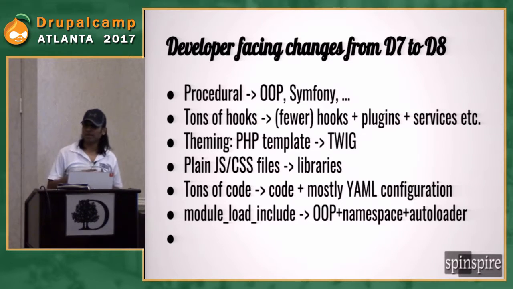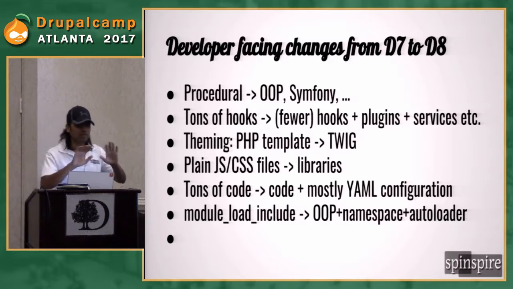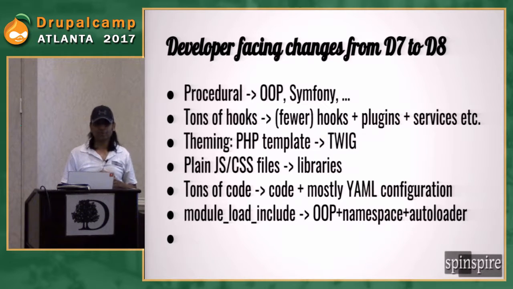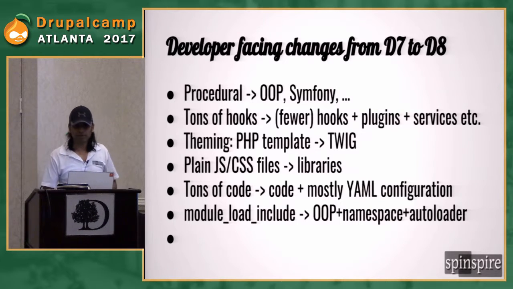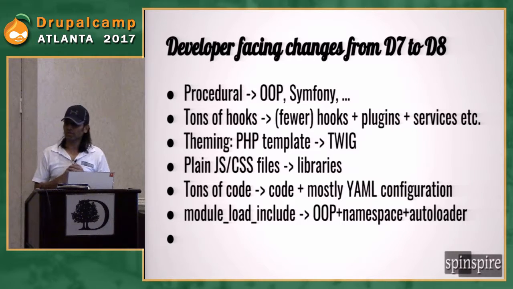So what are plugins and services? Hooks, I'm assuming you already know, right? Hook underscore foobar: you replace the word hook with the machine name of a module, underscore foobar remains whatever it was, and the argument list remains whatever it was. Then you implement it, and your module gets called at that predefined point in the workflow.